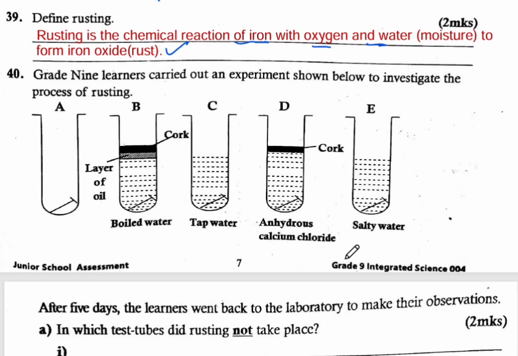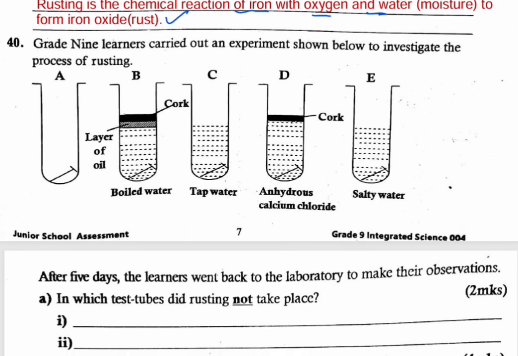So going to look at the question, the question is asking, after 5 days, the learners went back to the laboratory to make the observations. In which test tubes did rusting not take place? So they're asking in which test tubes rusting never took place.